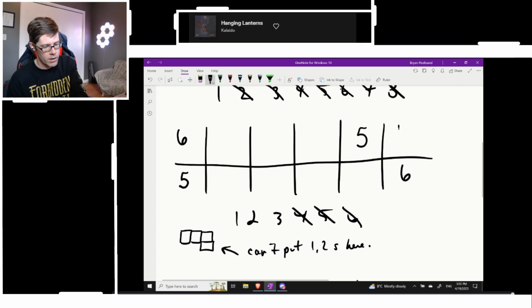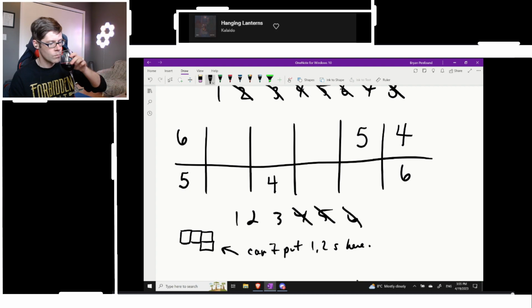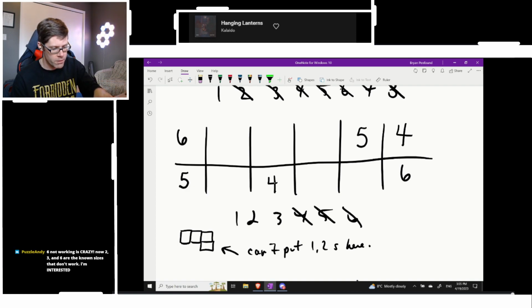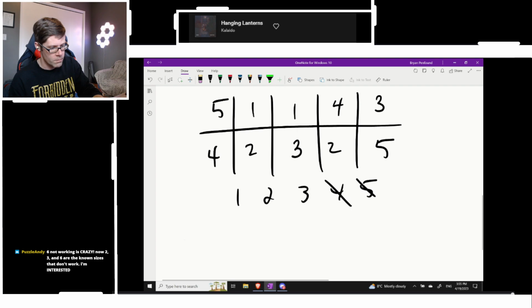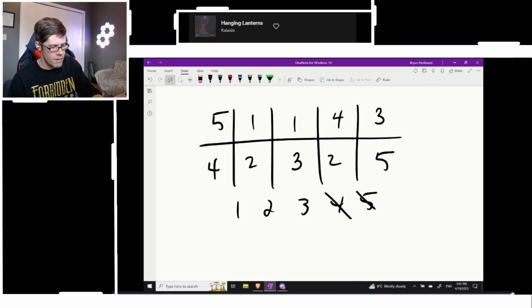So why didn't it work here? We try to put the 4 and go 1, 2, 3, 4. But there were 3 different possibilities for the 4. I didn't necessarily have to put the 4 there. Weird. So a 2 by 5 is possible.